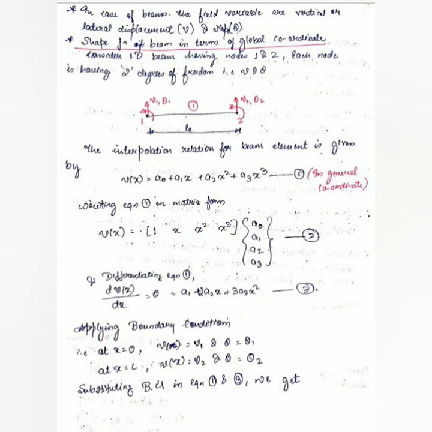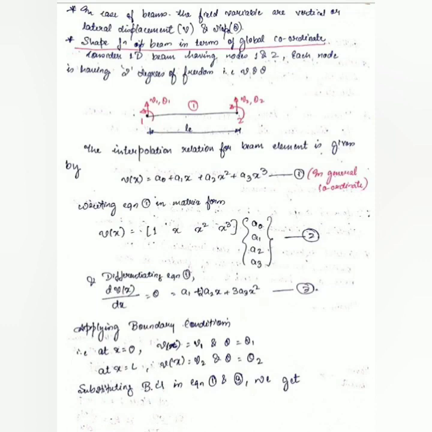Next, differentiating equation 1, since we want slopes, dV of x upon dx equals theta, that is our slope. If you differentiate that, you will get the equation shown here, that is equation number 3. Now apply boundary conditions: at x equal to 0, v equals v1 and theta equals theta 1, and at x equal to L, v equals v2 and theta equals theta 2.